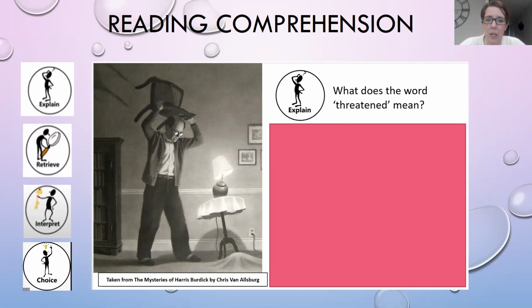We're going to look at some different questions about this picture using our different reading skills. The first one is our explain skill. What does the word threatened mean? Pause the video and have a think about that for a second.